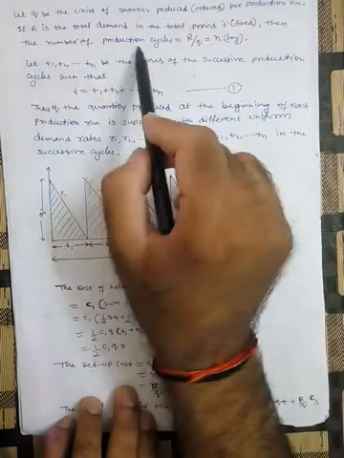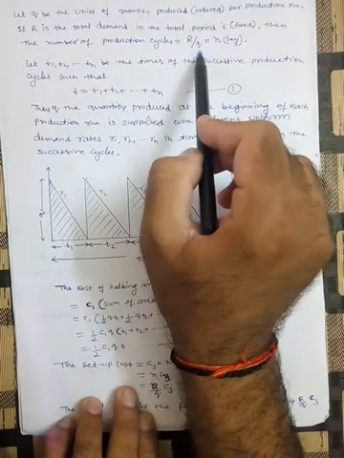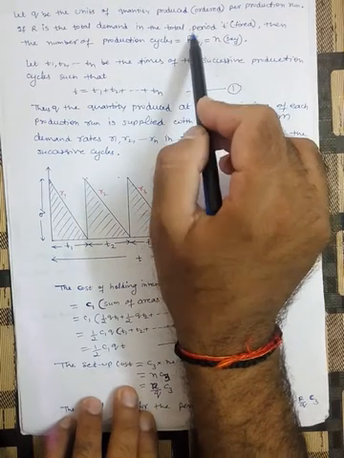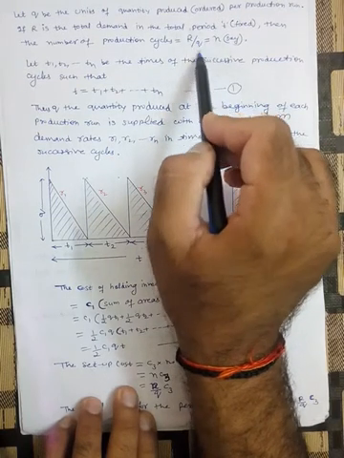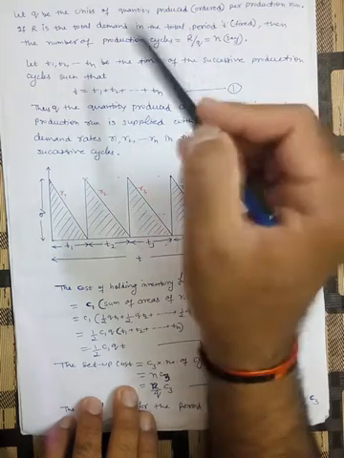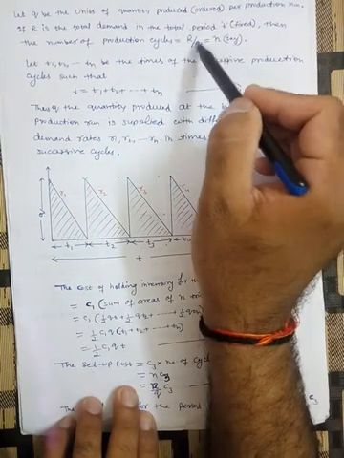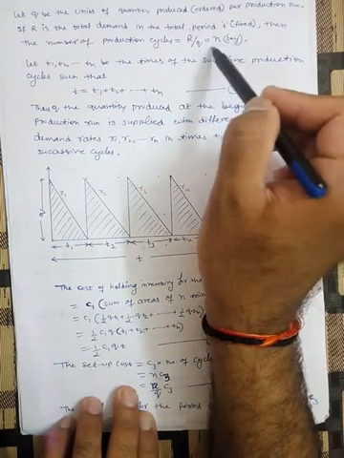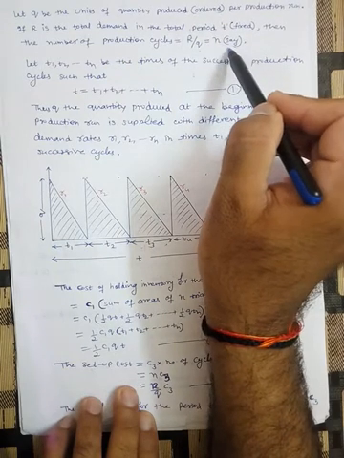Then the number of production cycles is R by Q. How many production cycles are required? Total demand is R. In a particular production Q items are produced, so that's why R by Q. So this is the total number of cycles.